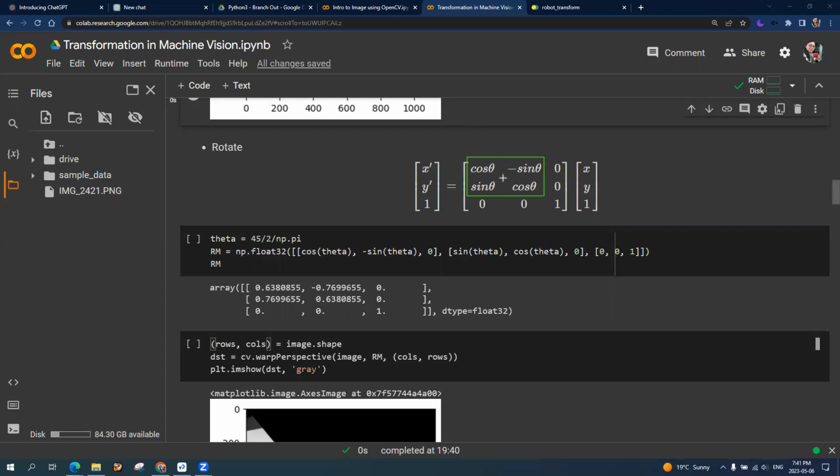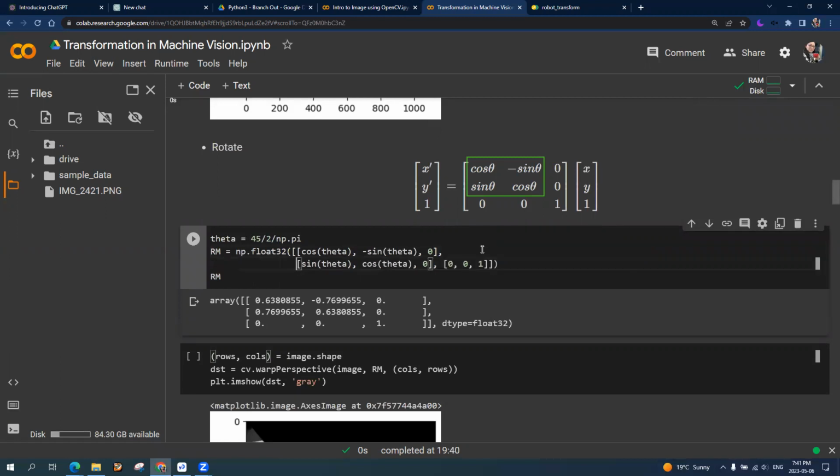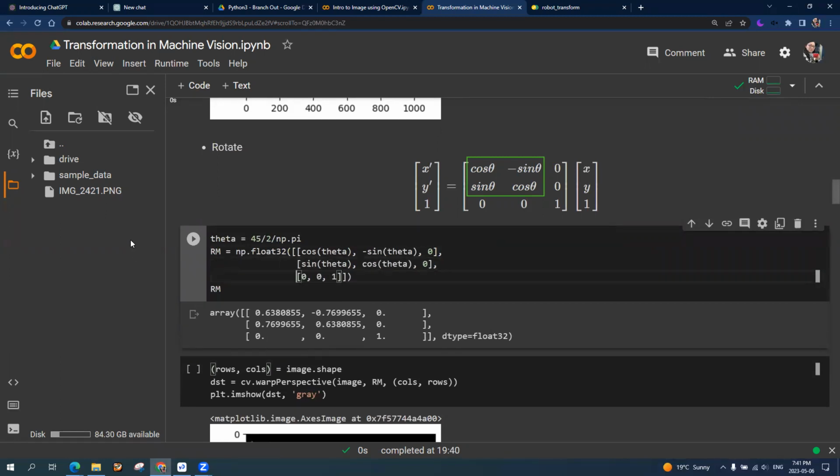And theta represents the amount of rotation that you want to apply to the image. I'm going to go quicker now, because they are all in the same matrix. Same thing, you define your matrix.